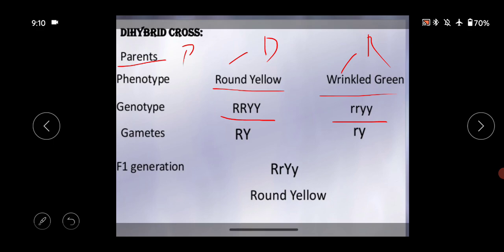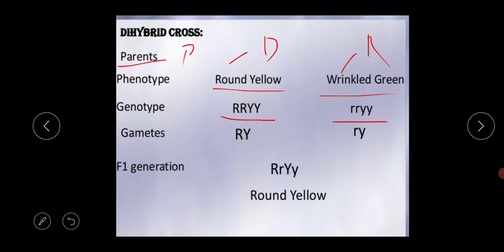The dominant is always denoted by a capital letter and the recessive always by a small letter. From capital R, capital Y, we get RY in the form of gametes, and from small r, small y, we get ry gametes.